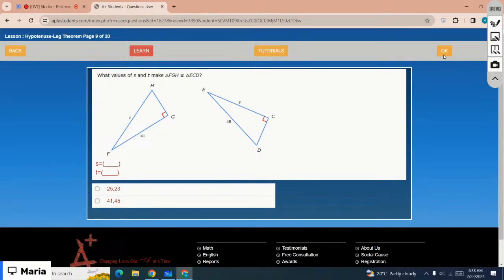Yes, that is 41 and 45. Option number 2 is the correct option, right?